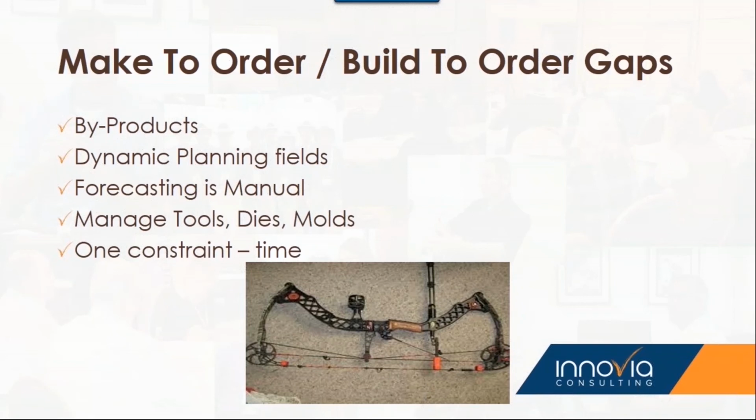I can't run this job at the same time as this one. So oftentimes we take a look at your process. I've had some companies put the tool in the route name. Just some common sense things. It's not perfect, but just be aware we have one constraint to manage, and that's time. Next slide.